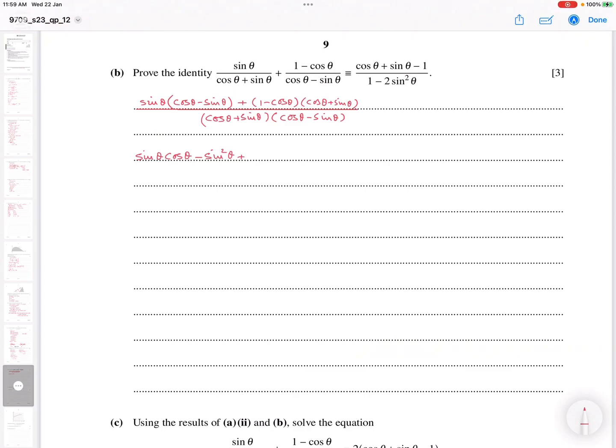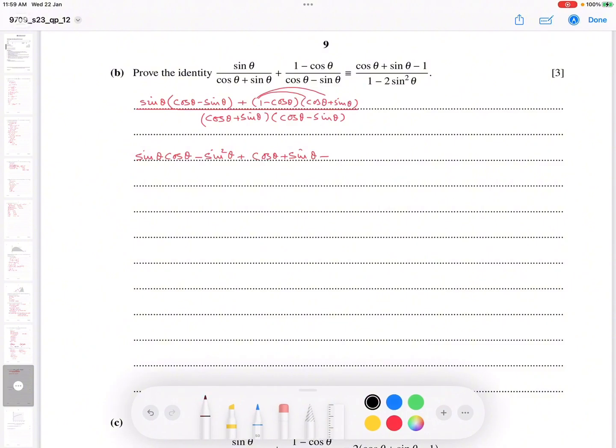One multiplied with cos theta is cos theta. Actually this will multiply by this, then this, and plus sin theta minus, now this cos theta will multiply by this and then this.